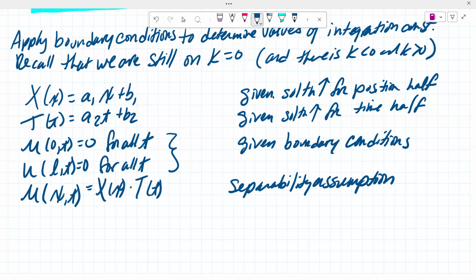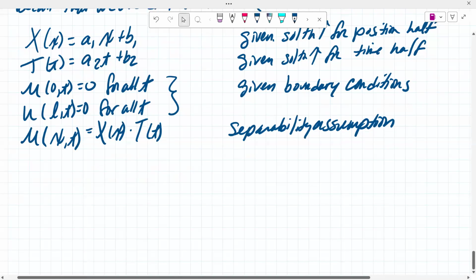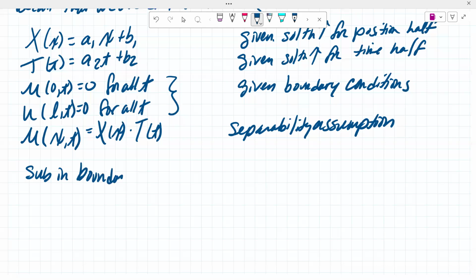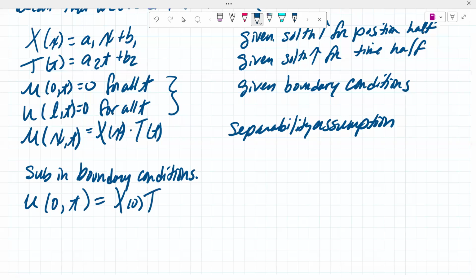So now what we're going to do is substitute in the boundary conditions. We have two of them. u of 0 and t equals X of 0 times T of t equals 0.